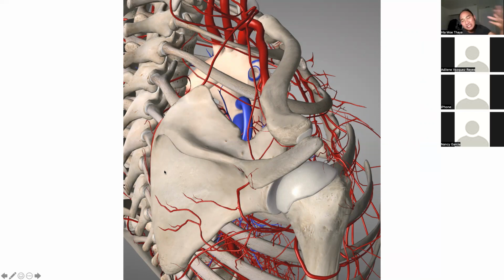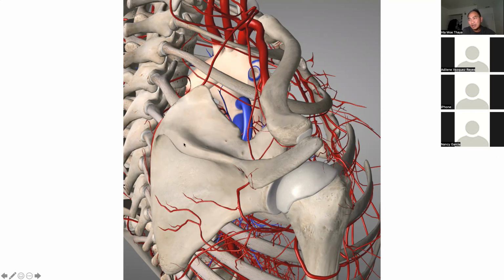So our muscles for shoulder movement are called the rotator cuff muscles. I hope you have heard about rotator cuff muscles, which contribute a lot to the movement of the shoulder. They originate from the posterior aspect of the scapula.